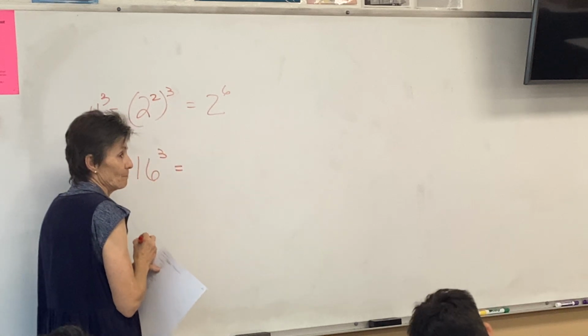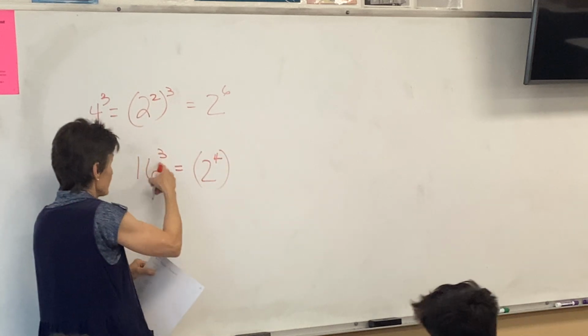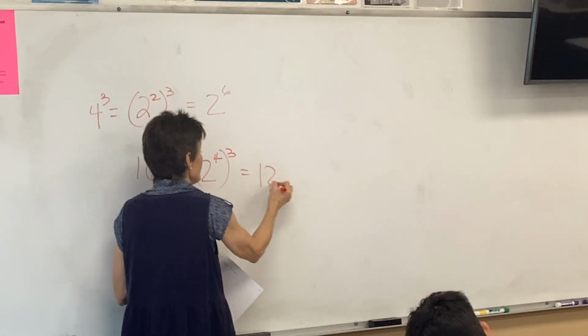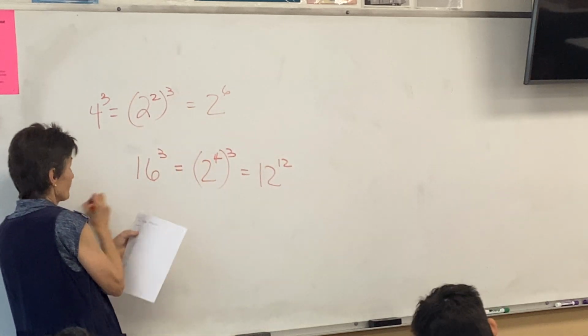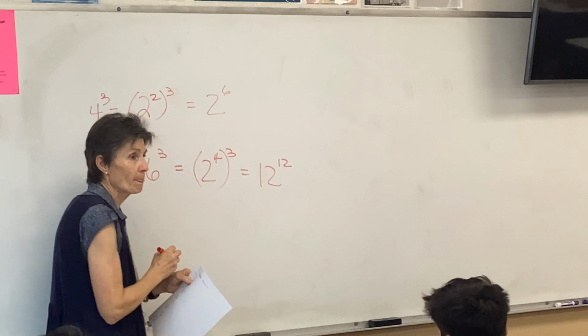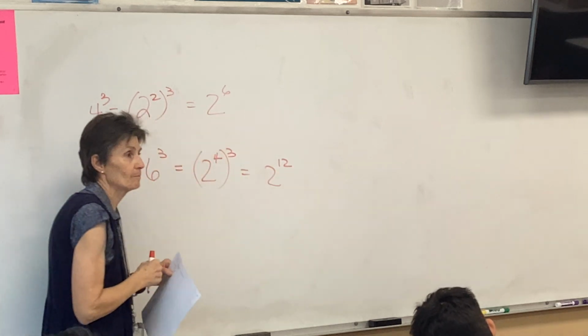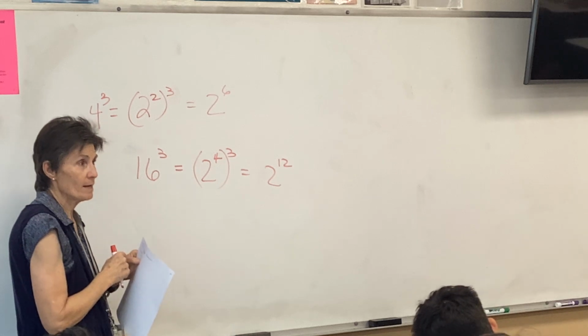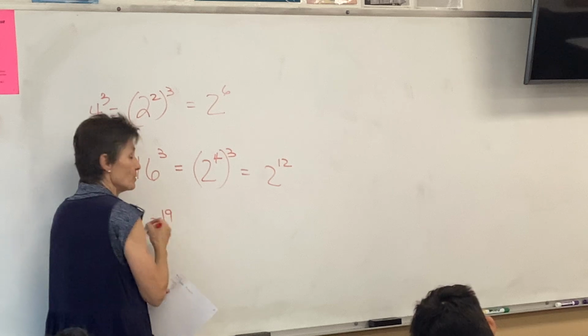That's 2 to the 4th, to the 3rd. So that's 2 to the 12th. And then 2 to the 19 is 2 to the 19.